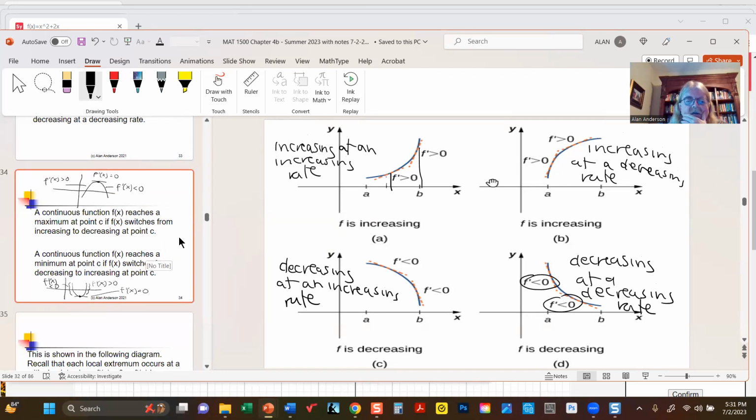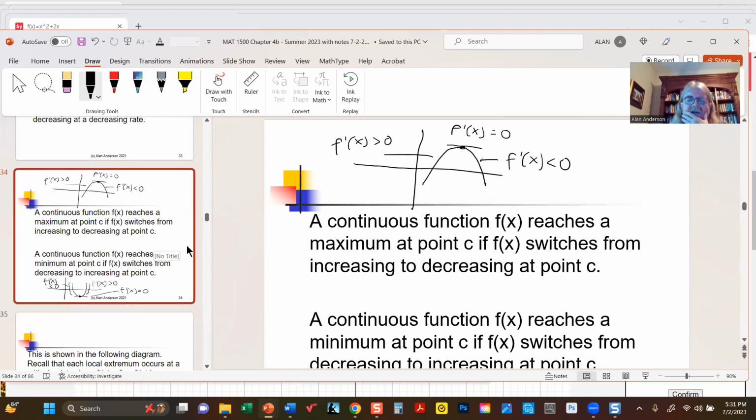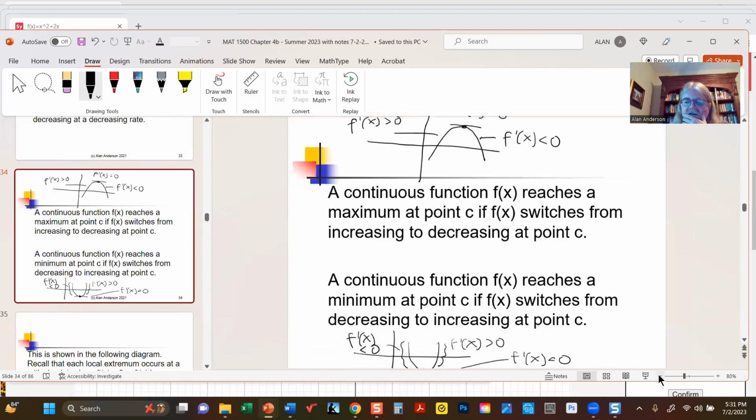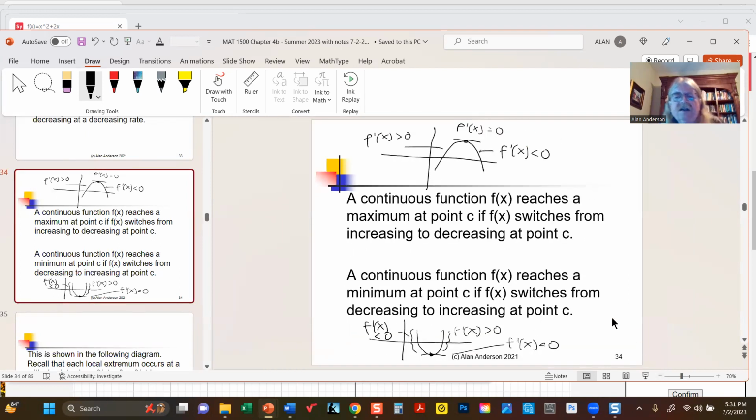So we can combine all these now and make the following statements. A continuous function f of x reaches a maximum point at c, as you can see in this graph, if f of x switches from increasing to decreasing at point c.